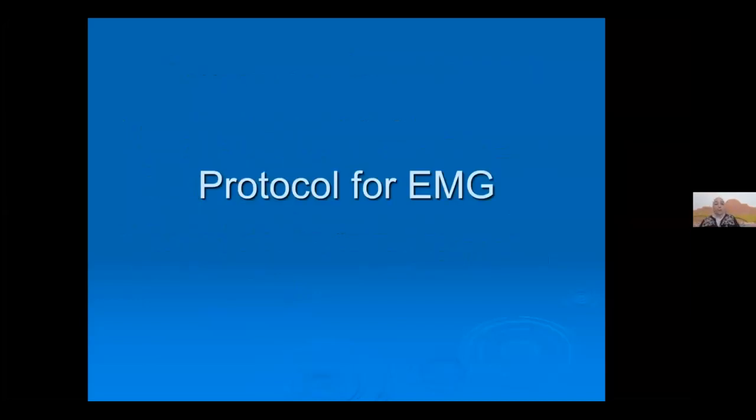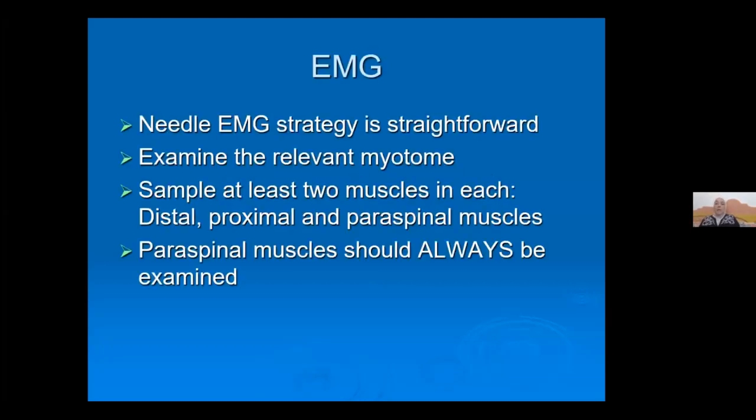Now we covered the main points for the nerve conduction studies, the motor, the sensory, and the F wave and H reflex. Now let's do the very important part, the electromyography or the EMG test. The EMG strategy is straightforward.